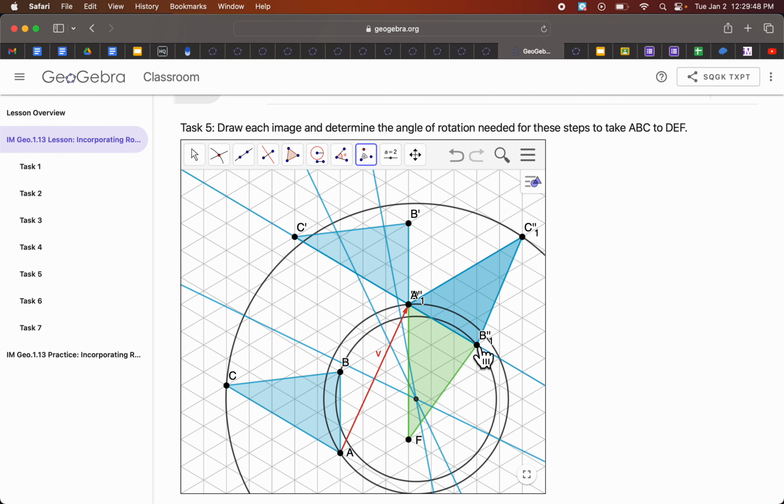And we found the perpendicular bisector for those, and they all ended up in the same point, right? The perpendicular bisectors of all those line segments between our original position and our target position gave us a common point that we could use as our center of rotation.